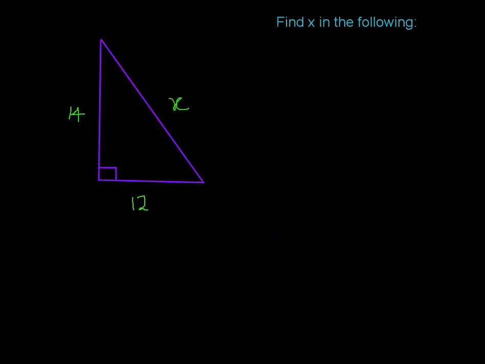Another one. Okay, again the general formula, c squared equals a squared plus b squared. Okay, we just sub in the values.